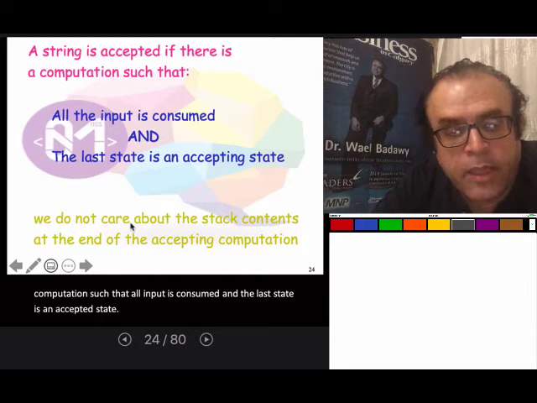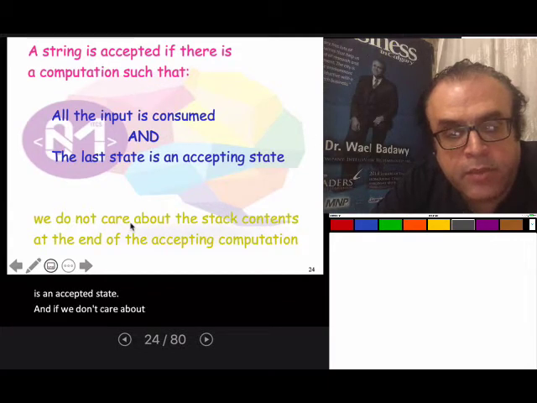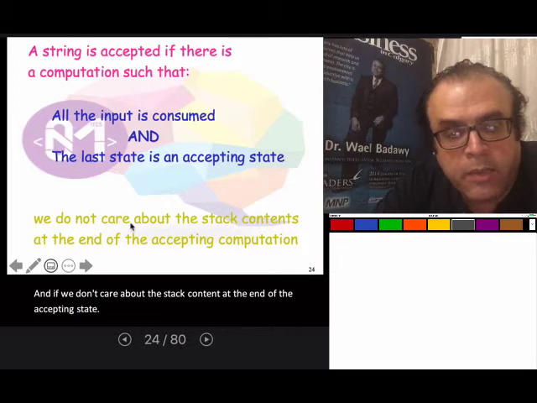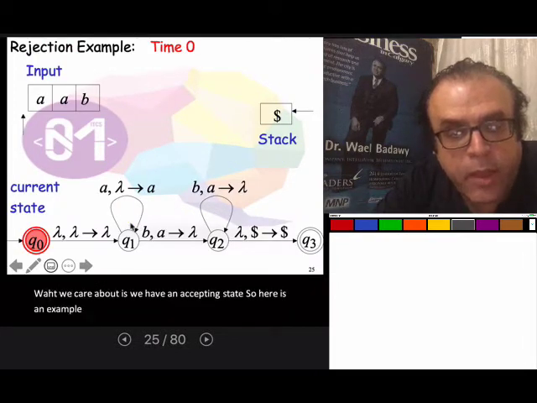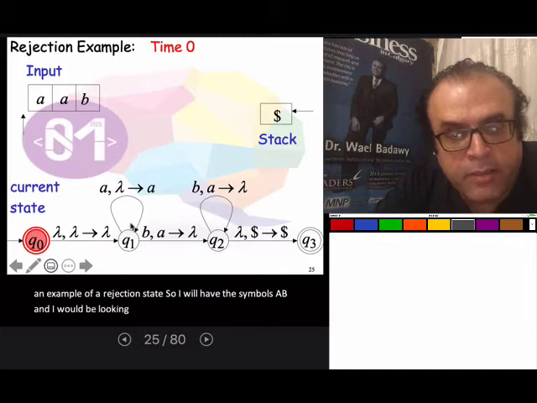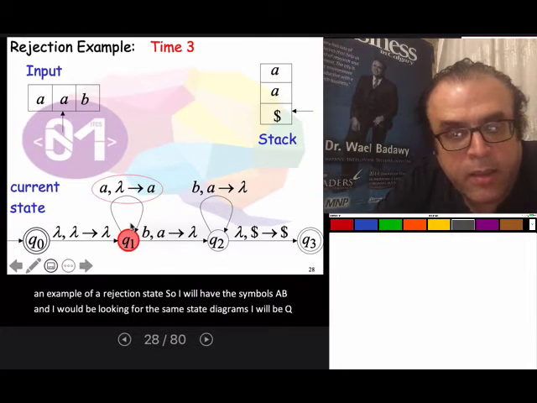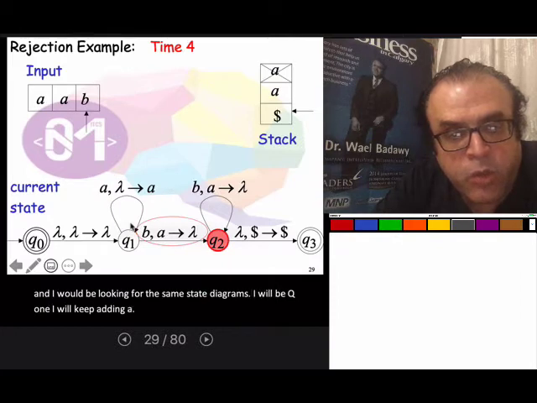If we don't care about the stack content at the end of the accepting state, what we care about is that we have an accepting state. So here is an example of a rejection. I will have the symbols AAB, and I will be looking at the same state diagram. I will be in Q1, I will keep adding A, and then I will move to Q2.